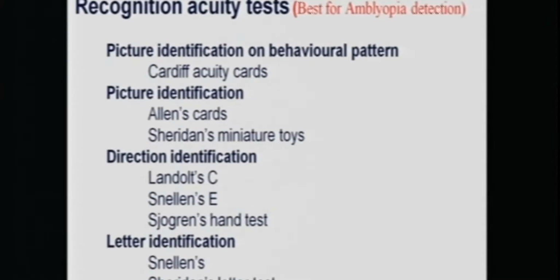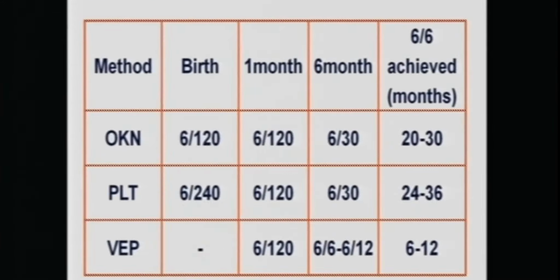Subsequently, the best method, which is also most helpful for testing for amblyopia, is recognition acuity tests, where a child is actually recognizing an object, like Cardiff acuity, where there is an object which a child recognizes, Allen cards, toys, Landolt C, E, and finally, of course, ETDRS or Snellens.